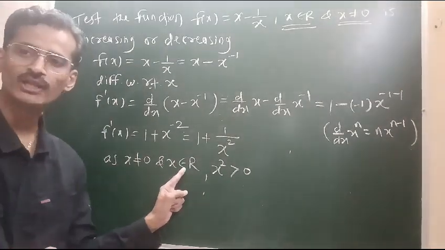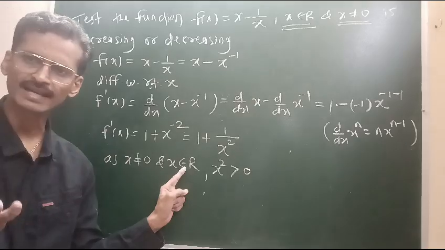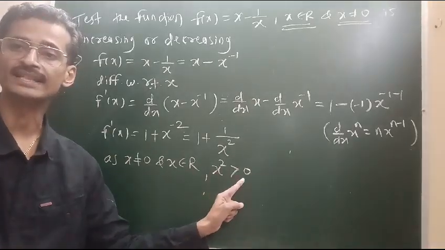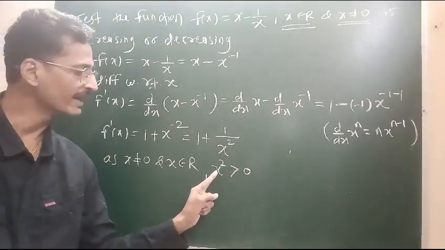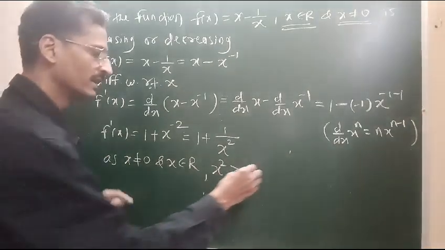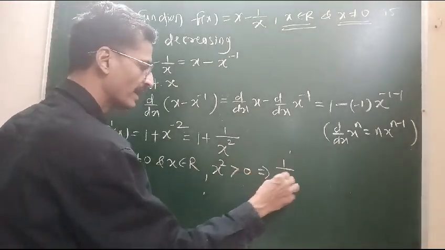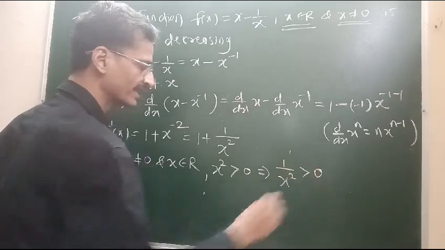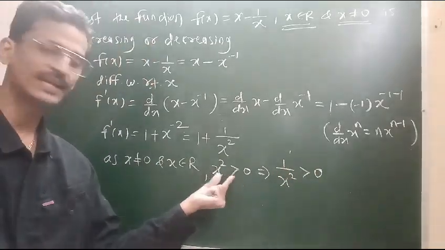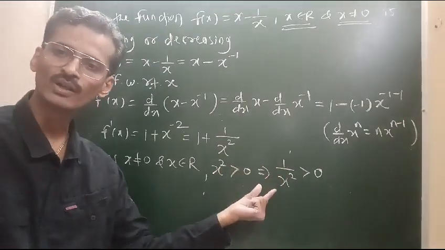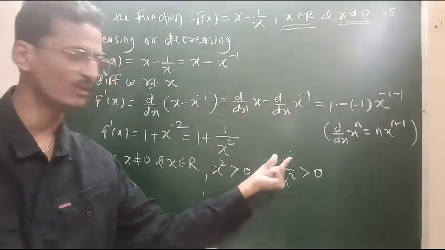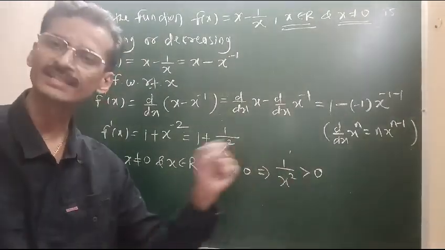So for non-zero real numbers, either plus or minus, its square is greater than 0. Now if x square is greater than 0, this implies that 1 upon x square is also greater than 0, because x square is positive. So 1 upon a positive number is what? Positive. So this is greater than 0.